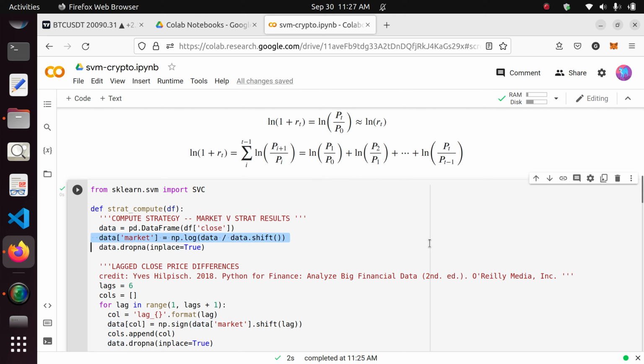This is how it's done. By shifting, we are dividing the current data point over the past one. And of course, we're just dropping the first data point, which is empty, because the shift would end up giving an empty space at the beginning.